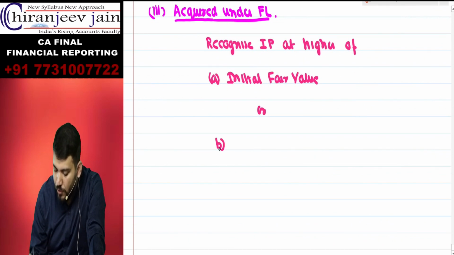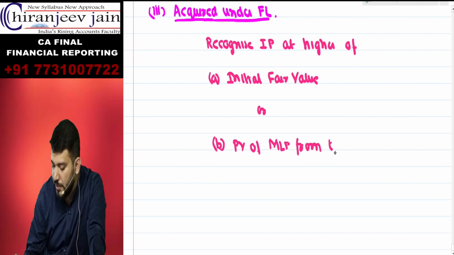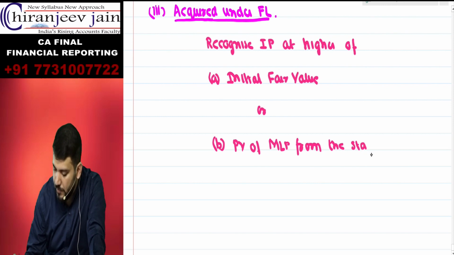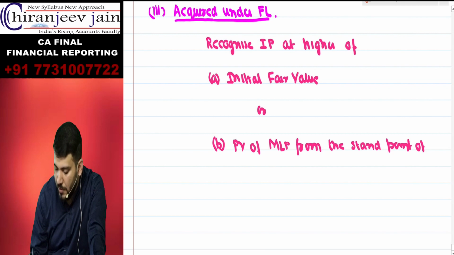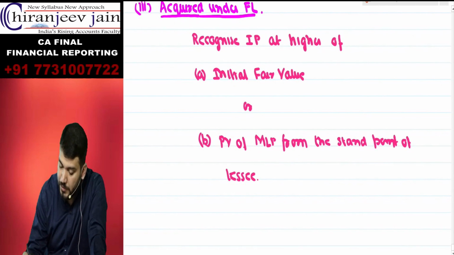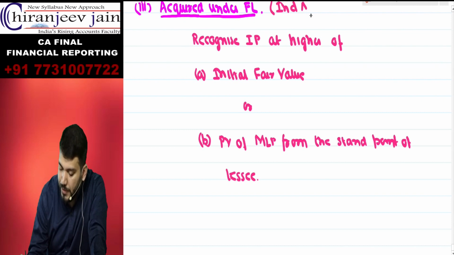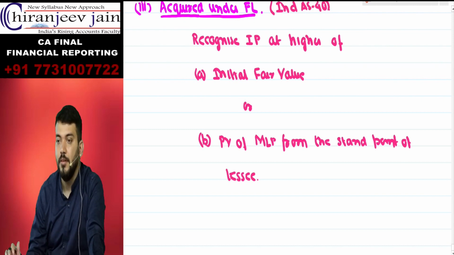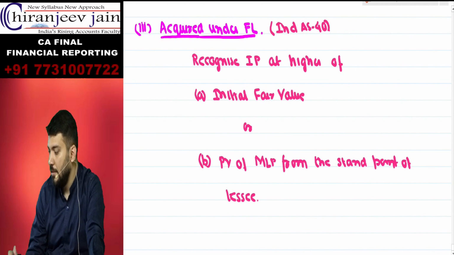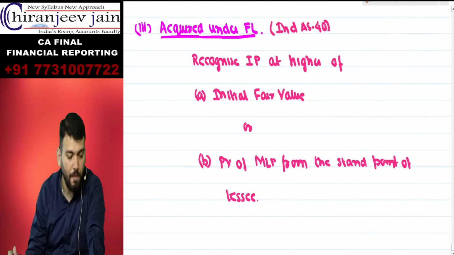Point B, present value of minimum lease payments from the standpoint of the lessee. Right? Same thing they have given, but this is as per Ind AS 40. Okay? Done? Everyone written?